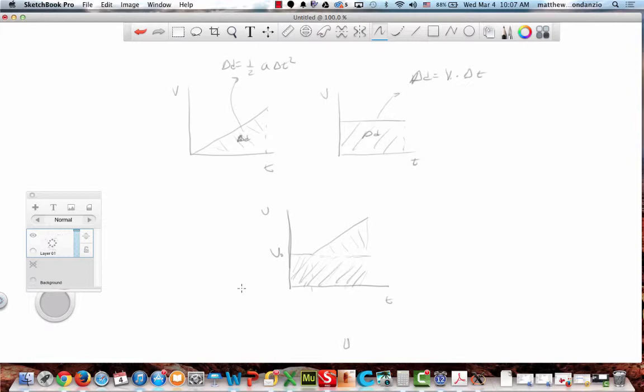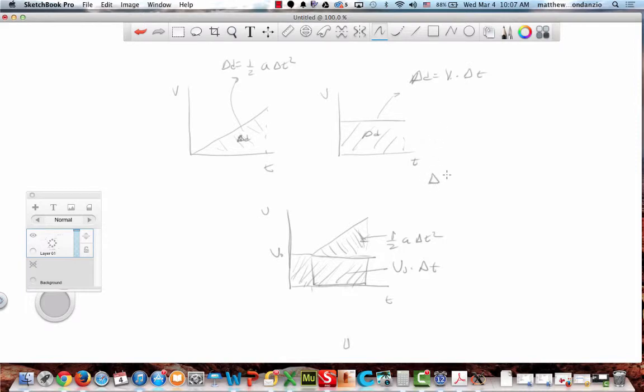But because you accelerated, you're going to also cover more distance on top of what you already would have. So this portion here is my v naught, my initial velocity, times my delta t. That's the velocity I was originally going before I accelerated. Make sense? Plus the distance of 1/2 a delta t squared.